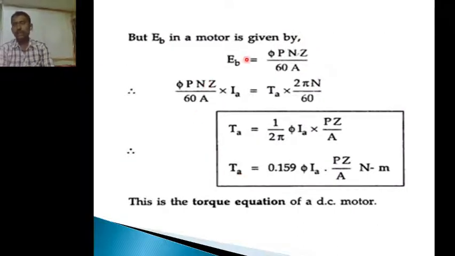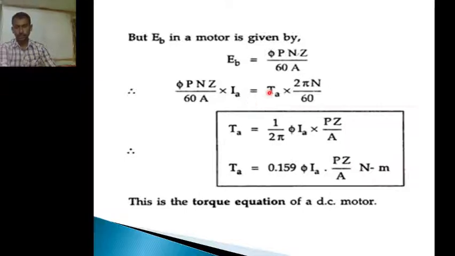But we know that Eb is equal to P phi N Z by 60A. If you substitute that in Eb, the 60 cancels and N cancels. Then we get P phi Z by A into Ia is equal to Ta into 2 pi.